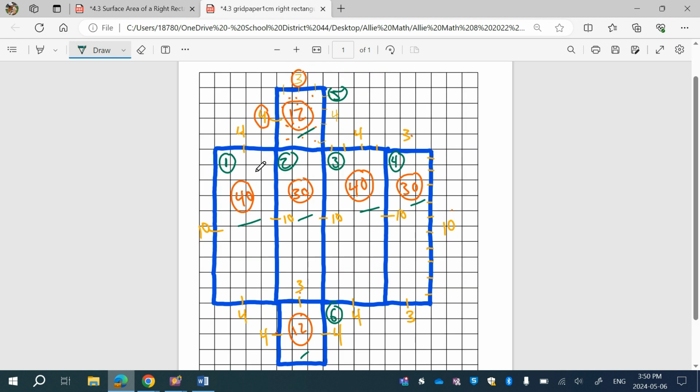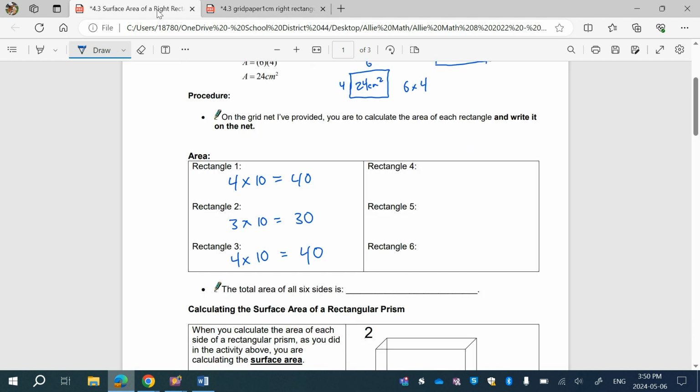That was right. 1, 2, 3. Okay. Then for 4, 5 and 6, we got a 30 and a 12 and a 12. So we had a 3 times 10 equals 30. And we had a 3 times 4 equals 12. And we had a 3 times 4 equals 12. Okay, so I'll give you a second to write that all down.